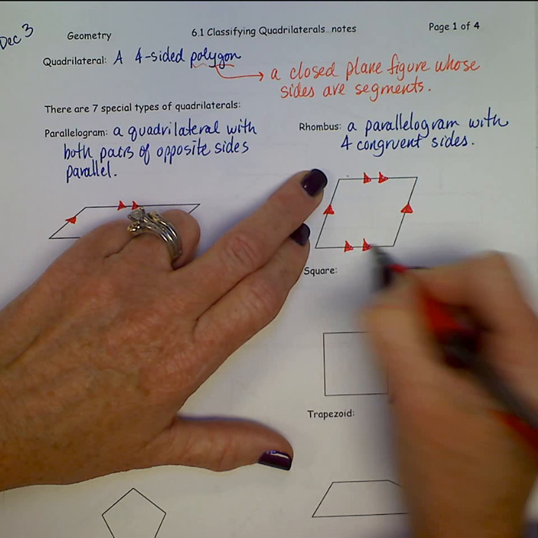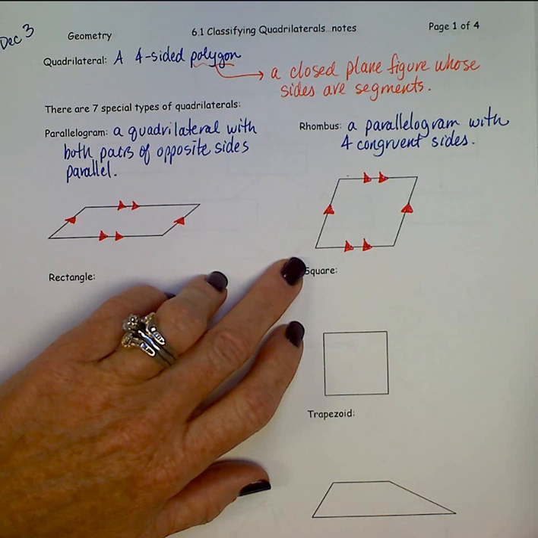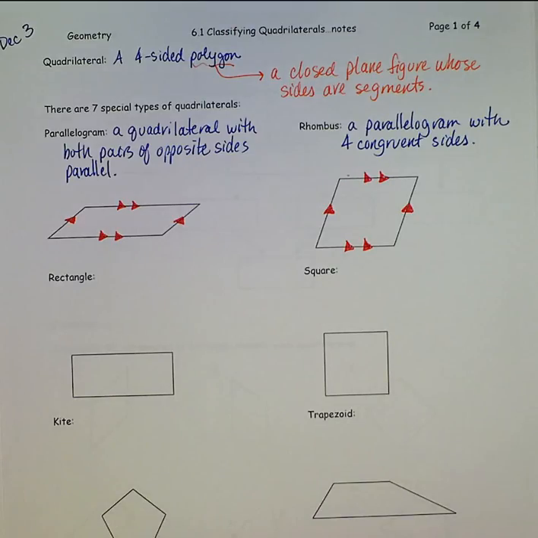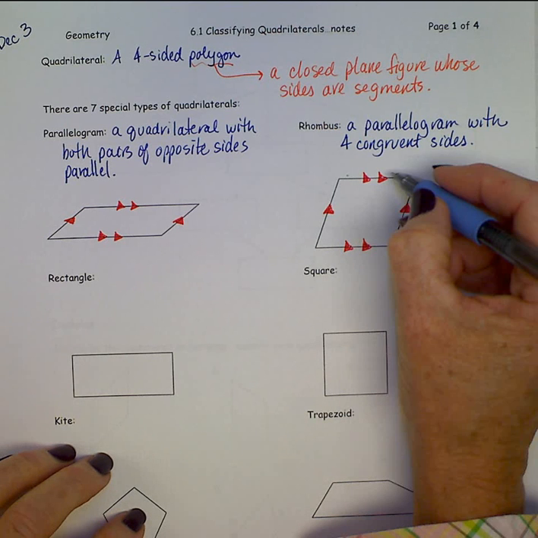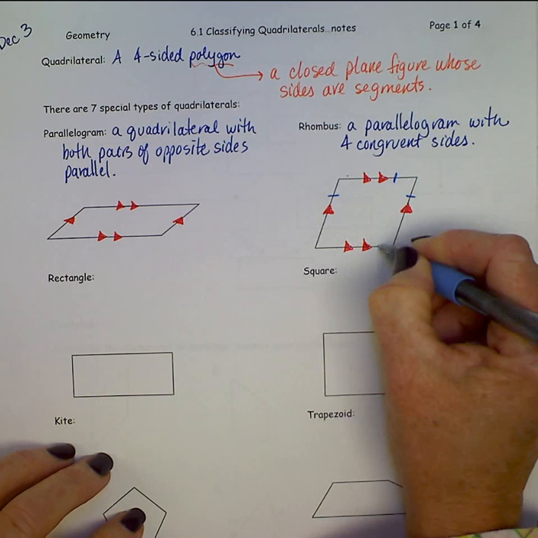So since a rhombus is a parallelogram, it has the same markings as a parallelogram, and then it has one additional piece of information. That additional piece of information is that all 4 sides are congruent.